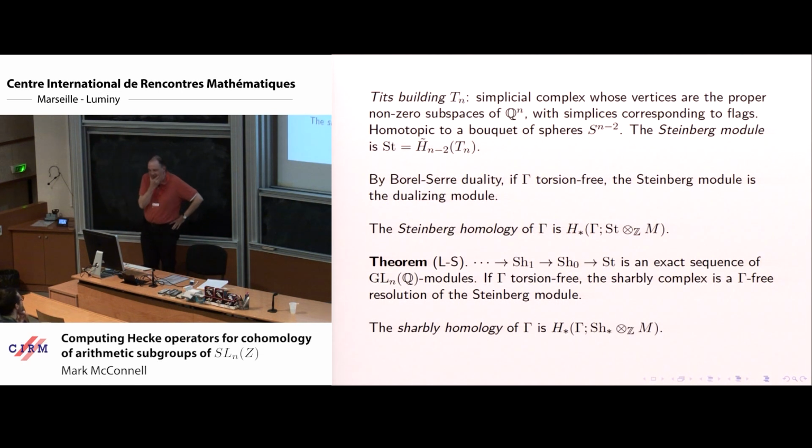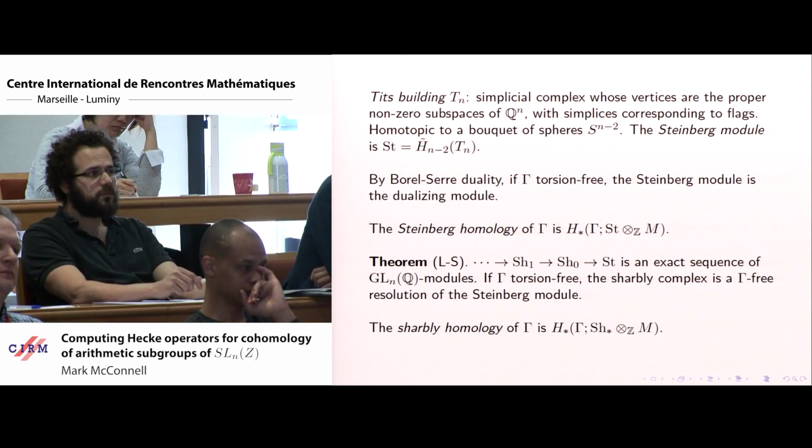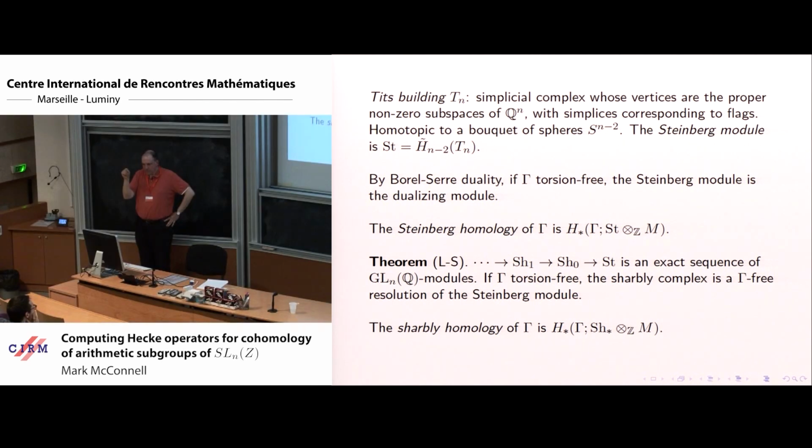And what it computes the homology of is very interesting because, to remind you of the Steinberg module, let me first remind you what the Tits building is. And just talking about Q here, in the Tits building T_n, we consider the vector space Q^n. We consider all its subspaces. The Tits building is going to be a simplicial complex. A vertex of the Tits building is a proper non-zero subspace of Q^n.